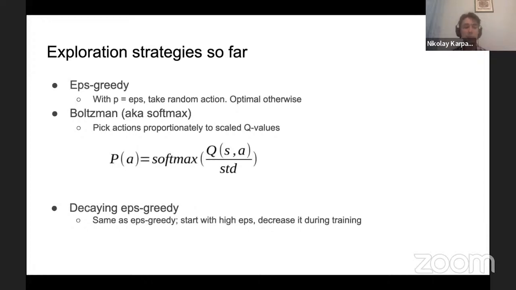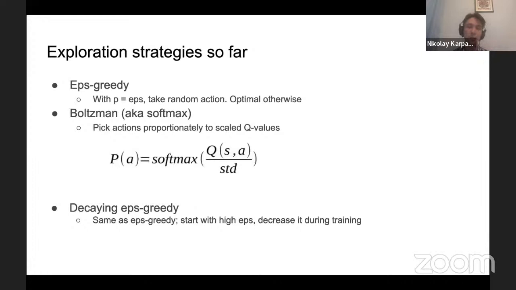It is a slightly more complex exploration strategy, where we don't always pick the argmax, but we sample from the softmax. Instead of picking the action with the highest Q value, we apply a softmax transformation and pick actions according to the probabilities given by the softmax.